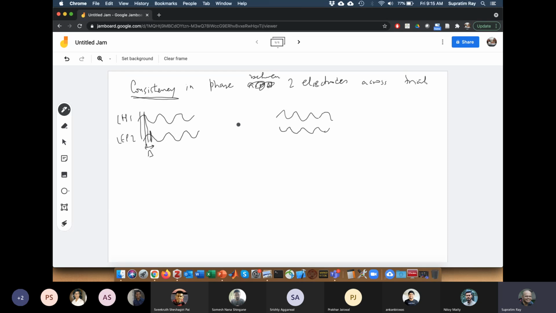I want to think of a metric that tells me about this phase consistency. So here's how I can do this. This analysis is done as a function of frequency. First I look at the Fourier transform. I compute the FFT, so then I get some spectrum for both of the signals, LFP1 and LFP2.